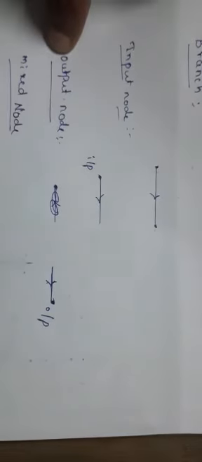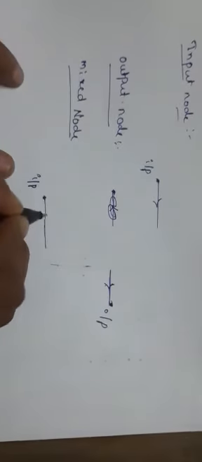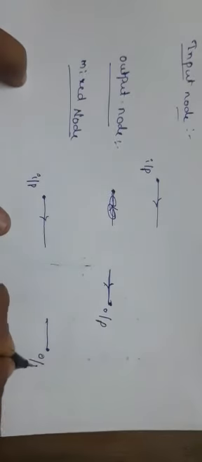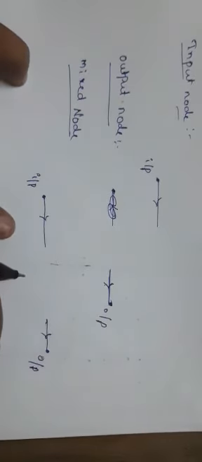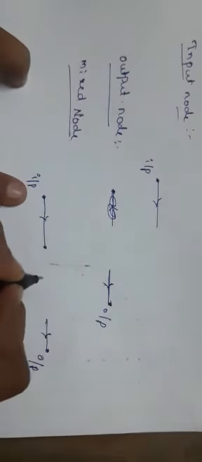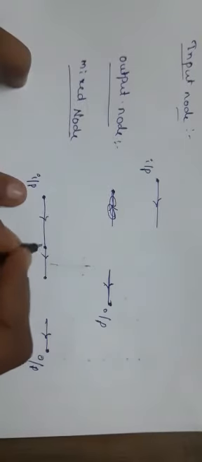Next is mixed node. Here is the input node, all the signals will originate from this. At the output node, all signals will end at this point. Some points will have both incoming and outgoing signals.